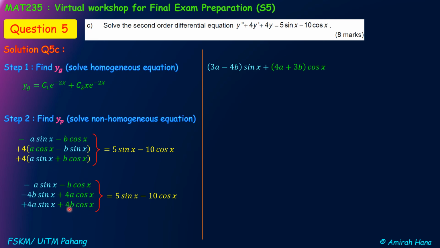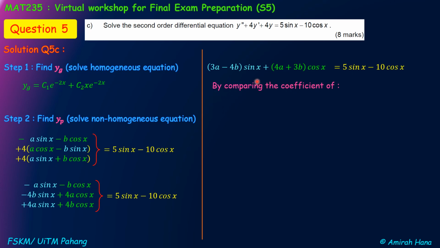So we have 4B minus B equals positive 3B, and then we have 4A here. So we have 4A plus 3B in bracket cos x equals 5 sin x minus 10 cos x. Alright?